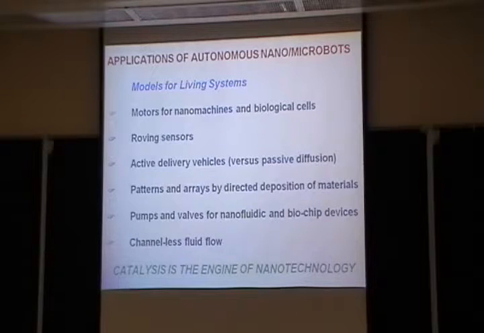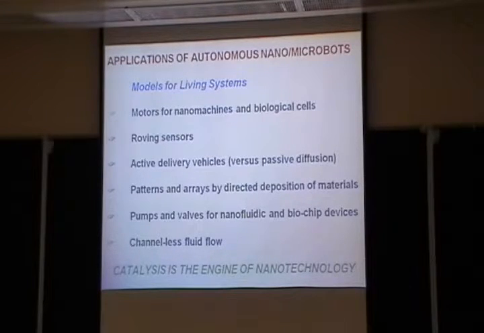And you could think of these things as going around hunting for whatever analyte there might be. Active delivery vehicles, so nano dump trucks, if you will. So, for example, if you have an infection in some part of the body, you take an antibiotic, and it gets there through passive diffusion.